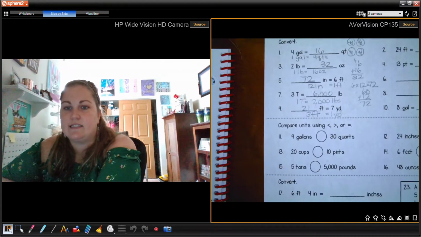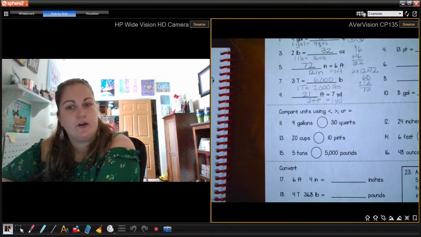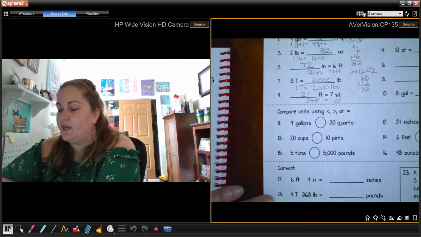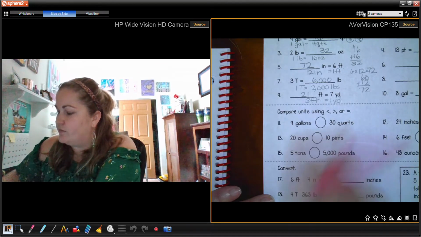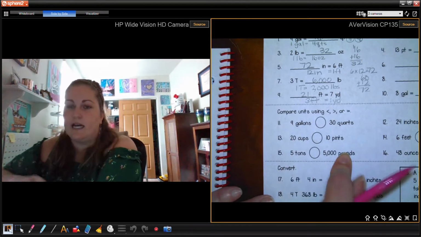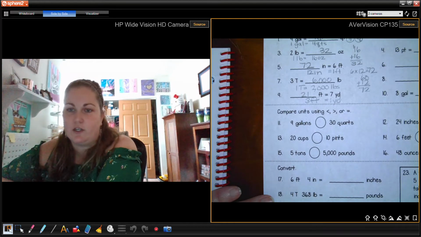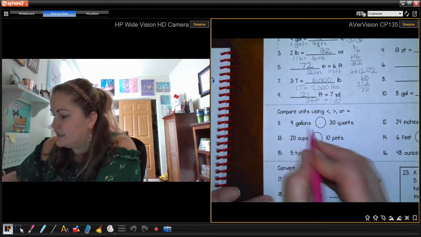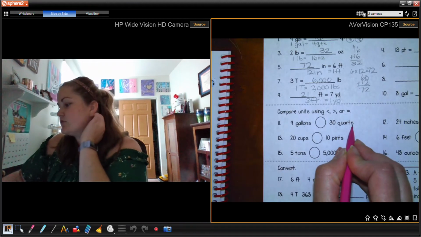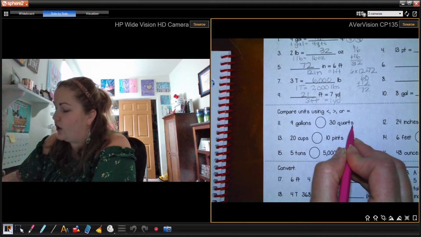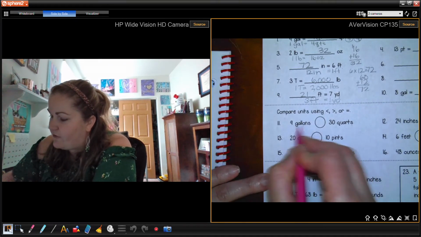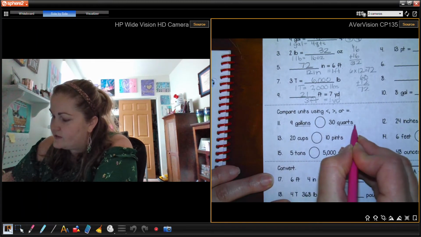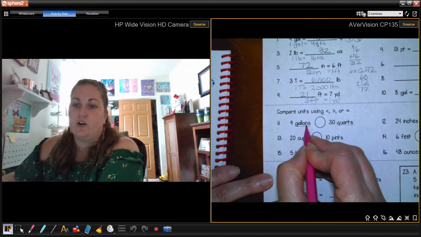If I slide down to my comparing section, it's giving me different units on both sides, and I can find a relationship that I could use to help me compare. So I've got gallons and quarts, and I'm always going to look for the one that's larger. A gallon is larger than a quart.